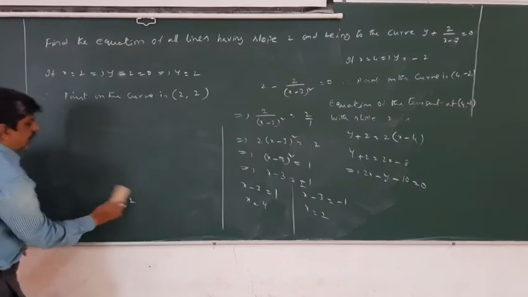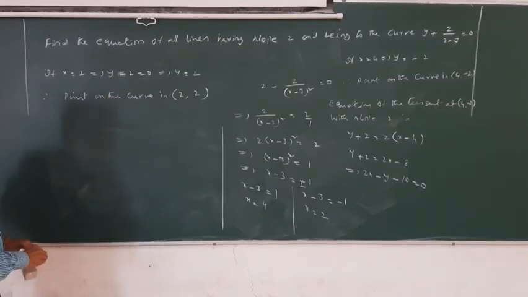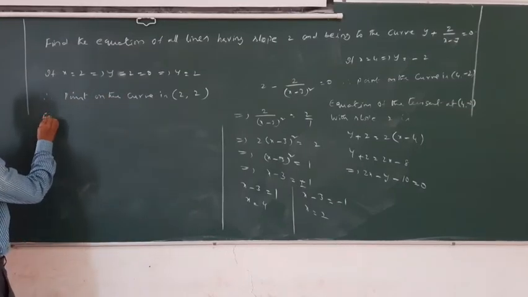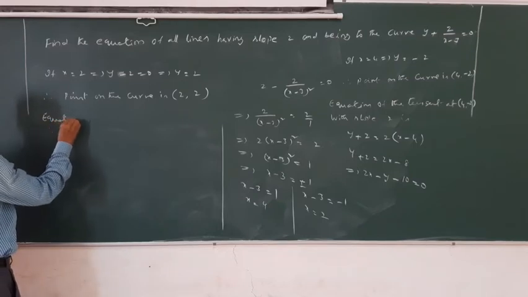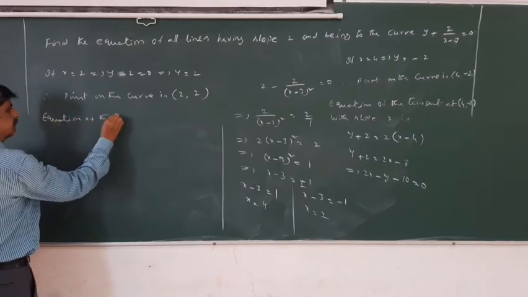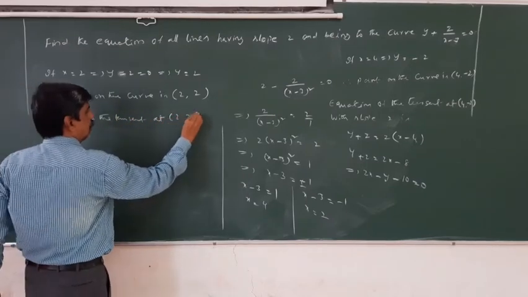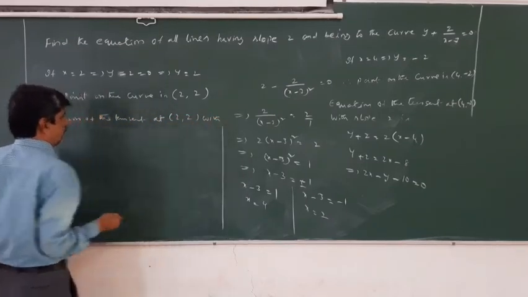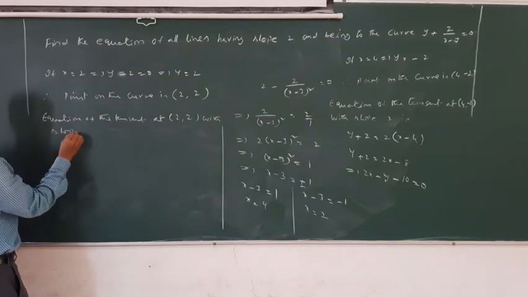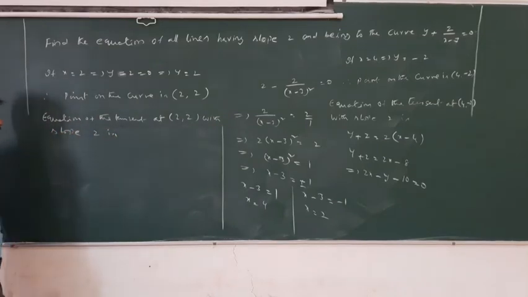At this point, we want to find the equation of the tangent. So, equation of the tangent at (2, 2) with slope 2 is.